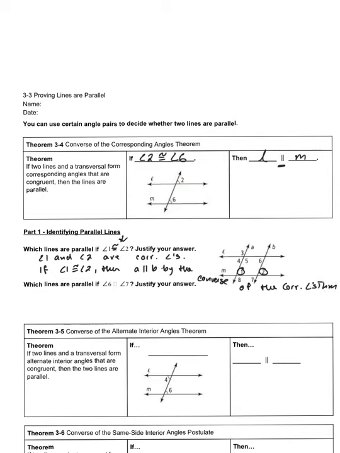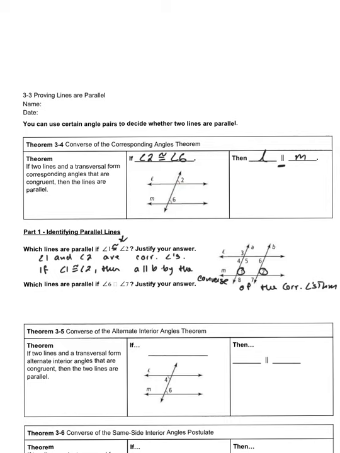If angle 1 and angle 2 are congruent, then that means that A and B are parallel. The reason why it wouldn't be L and M that are parallel here is because angles 1 and 2 both lie on line M.